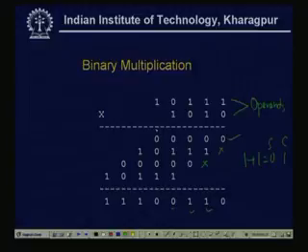Carry 1. Now, if I add again, 0 and 1 plus 1 is 0 carry 1. Now, again 1 plus 1 is 0, 0 plus 1 is 1, but carry 1. Again 0 plus 0 plus 1 is 1 and this one 1. So, this is my result.